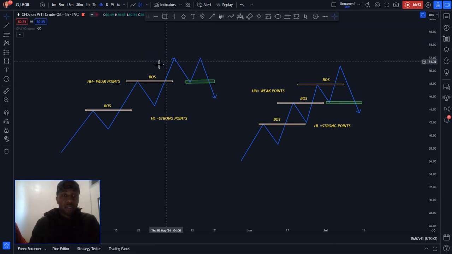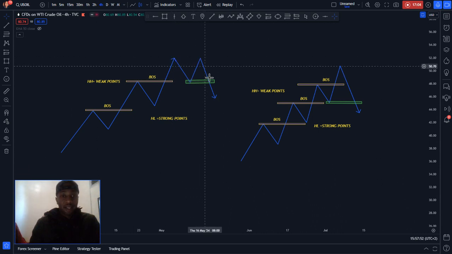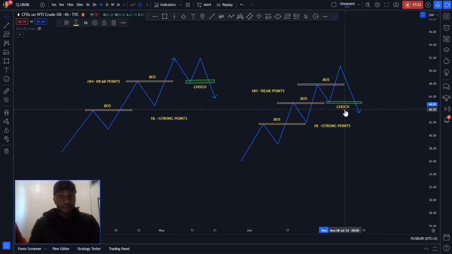But the moment you see the market giving you a break of structure, giving you impulse, and then it corrects, but the new impulsive move doesn't go all the way to break above the previous high, and then it goes all the way to break below the strongest point, that's when you know that the market has just caused the change of character. And when the market gives you a change of character, it simply shows that the market will now be changing direction to the other side.